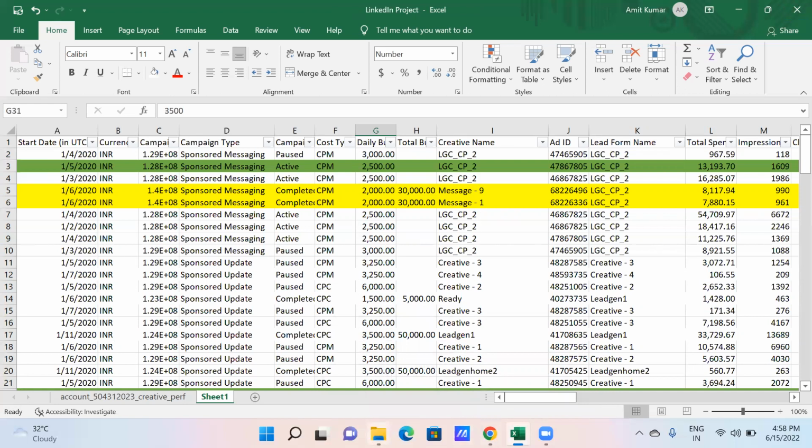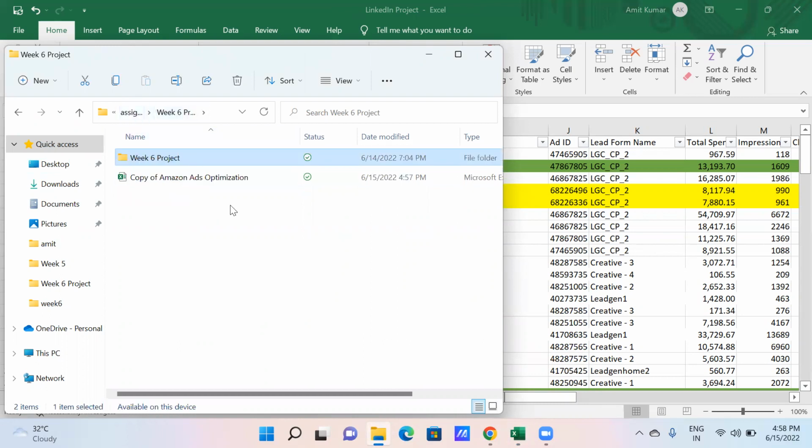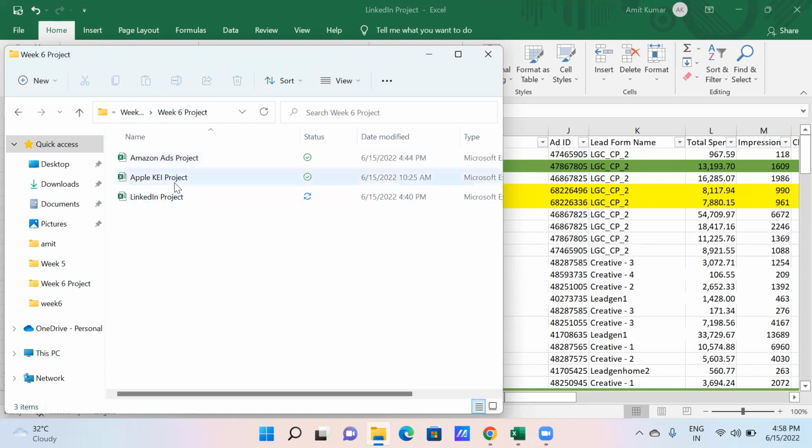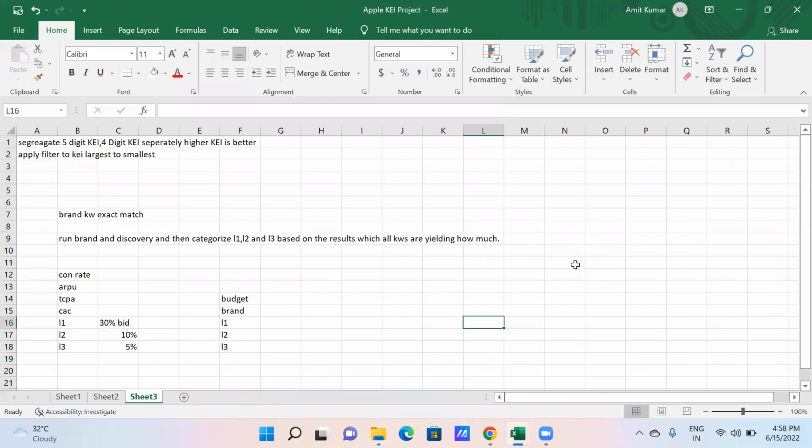So in the Apple KEI, it's a very simple task. What we were asked is to just calculate two things.